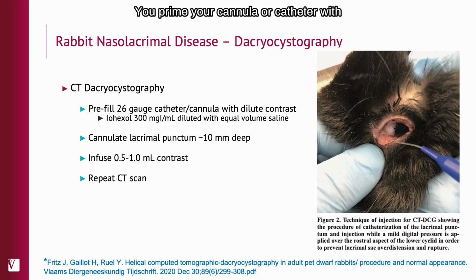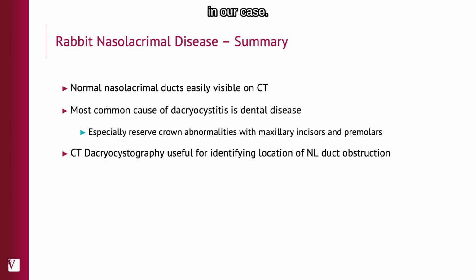You prime your cannula or catheter with your dilute contrast, and then you cannulate the medial punctum with about 10 millimeters, about a centimeter or so of your catheter, and then you infuse 0.5 to 1.0 mL of contrast, either until you see the contrast coming out the nose or until it is flushing back out at you. Then you repeat your CT scan, and those are the images that you saw in our case.